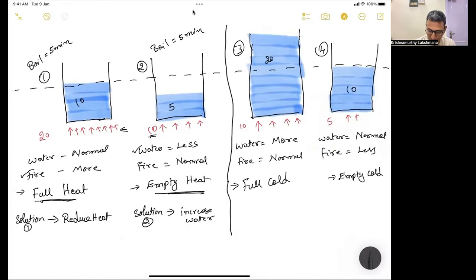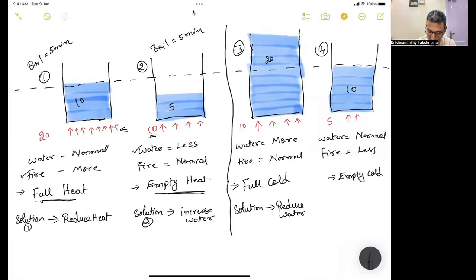Okay. So what is the solution here? In the third situation, what is the solution that we have to do? Reduce coldness, reduce water.